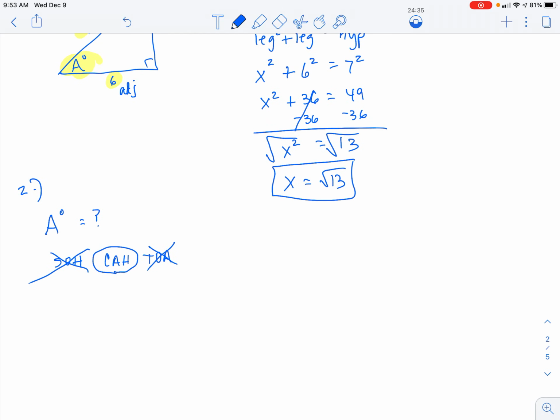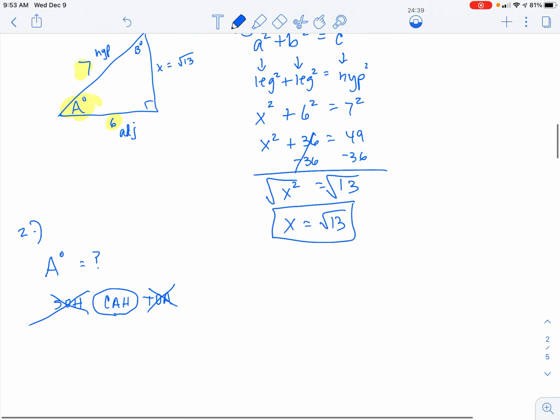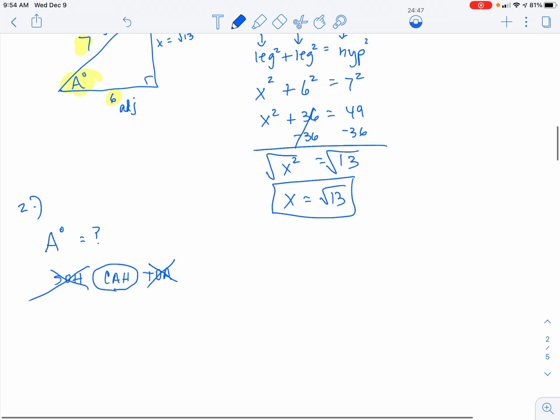So let's use cosine to find the angle. But remember, it's going to be a little bit more difficult because I don't know what to plug in for angle A. So this is one of those things where we're going to have to use the inverse to figure this out. So let's write down what we're trying to find. Keep in mind, it's going to be sine of the angle, right? We just don't have a measurement to put in there. Equals, we're using adjacent over hypotenuse.